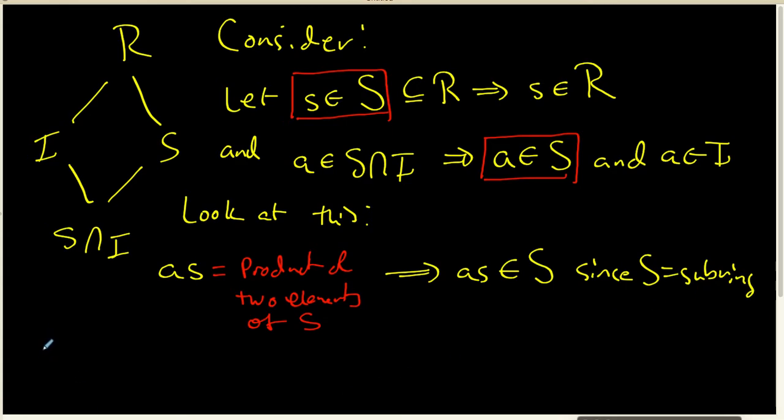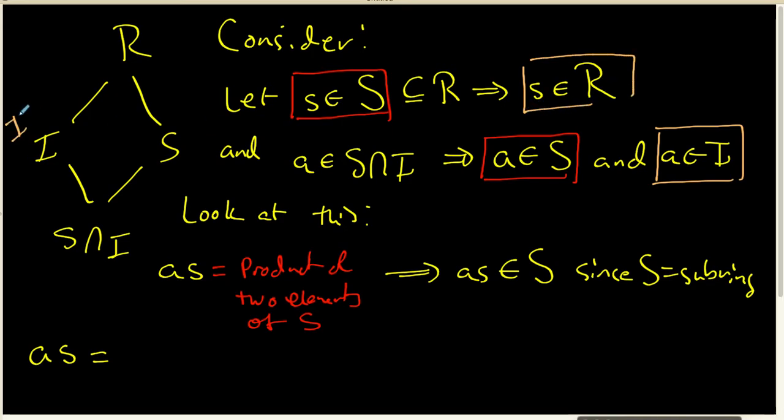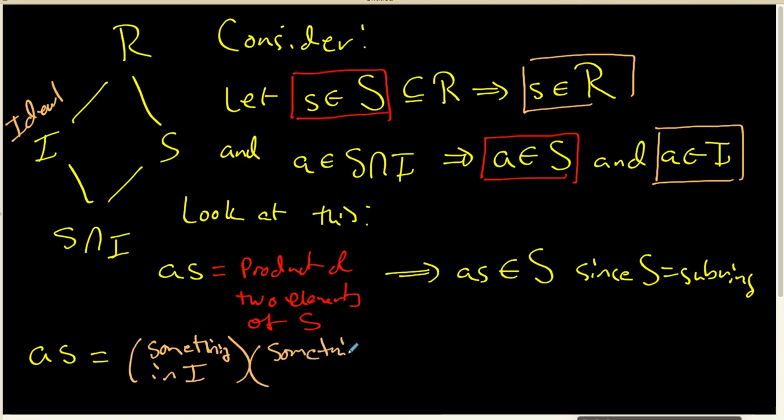But now I want to look at as with a different kind of eye. I know that a belongs to I, and s belongs to R, and I itself is an ideal. So a times s is now something in I times something inside R, and I is an ideal.